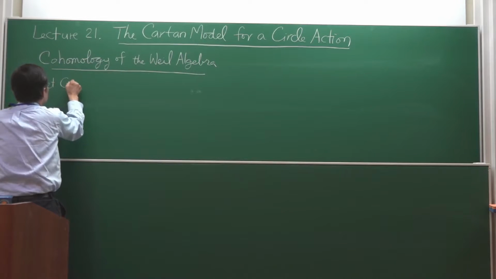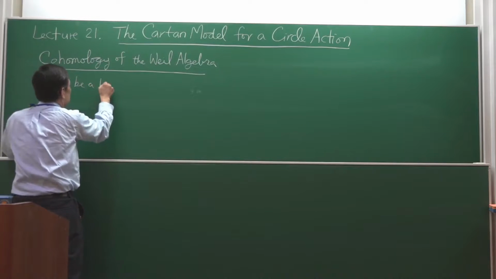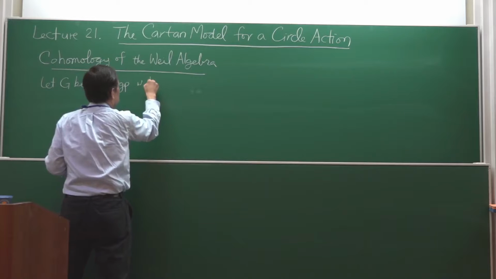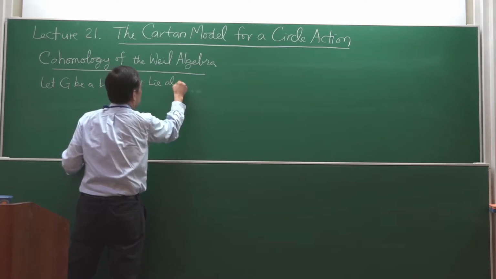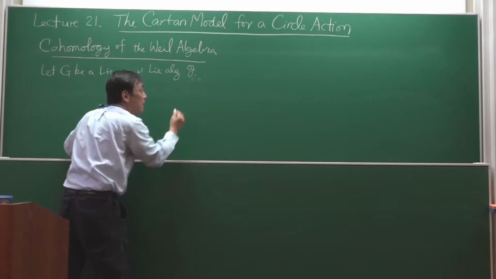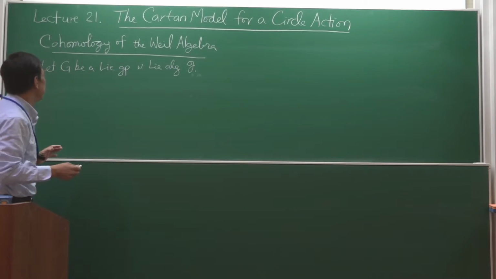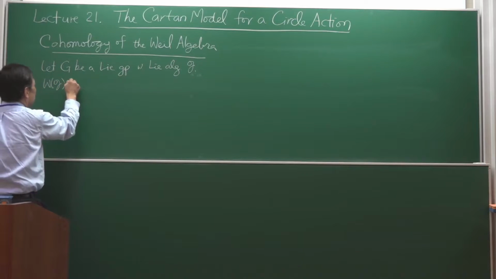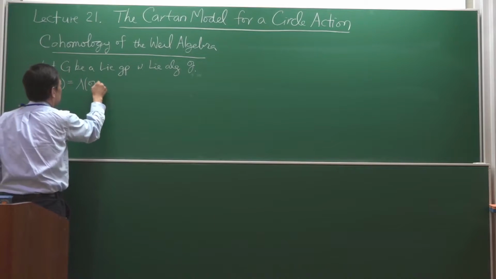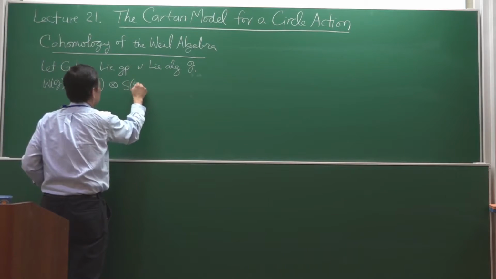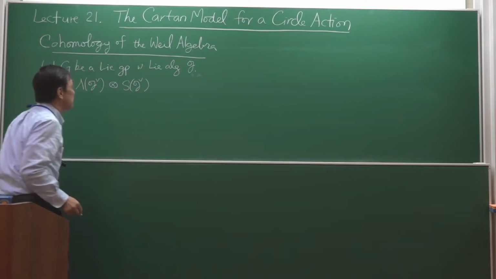So let G be a Lie group with Lie algebra little g, and the Weil algebra is the exterior algebra on g dual tensor with the symmetric algebra on g dual.